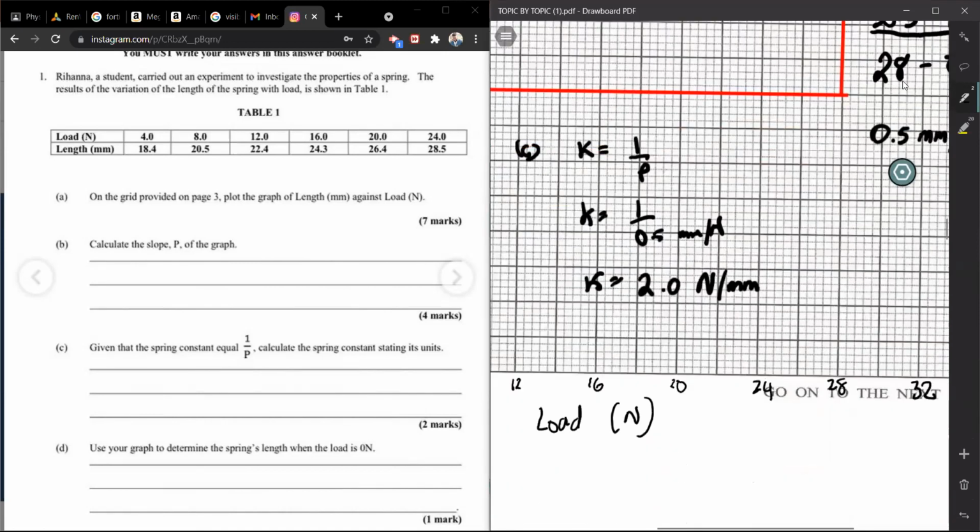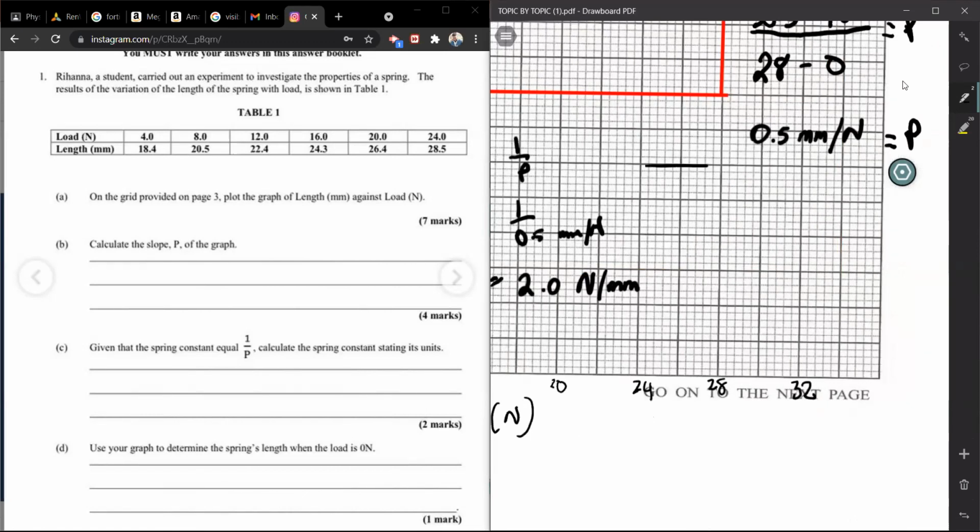Part D. At x equals 0, y is equal to 16 millimeters.